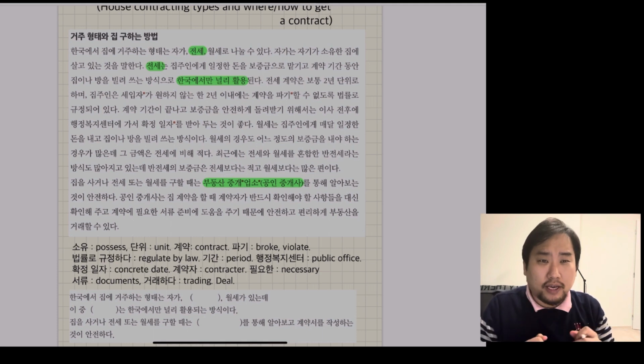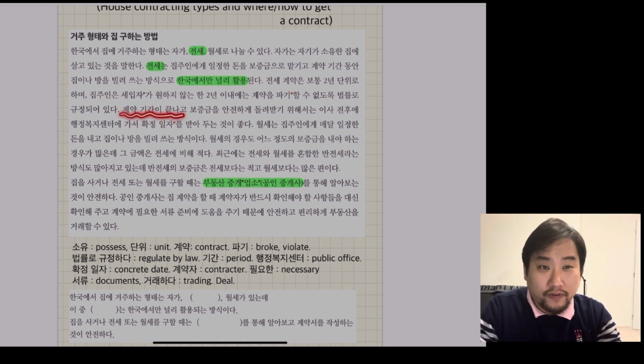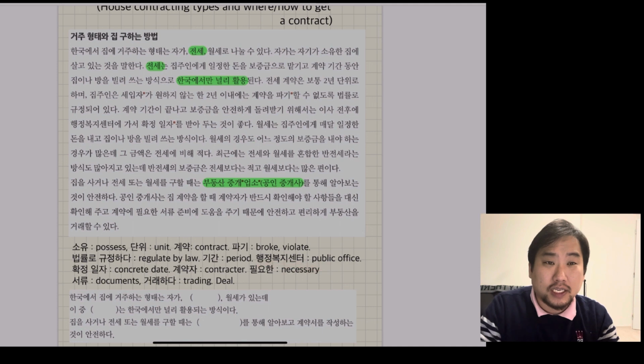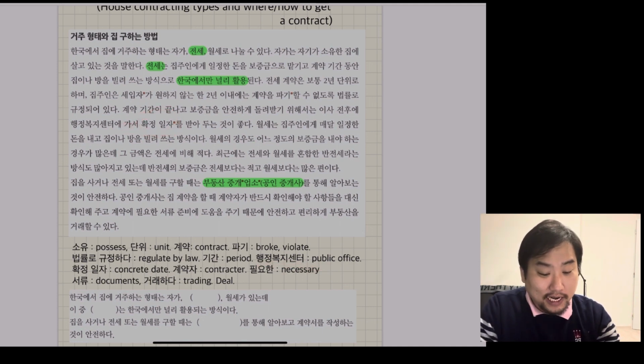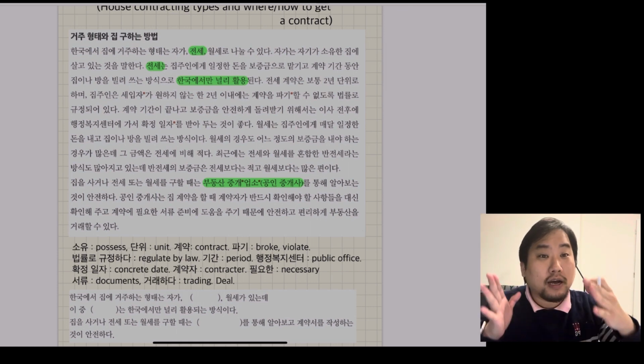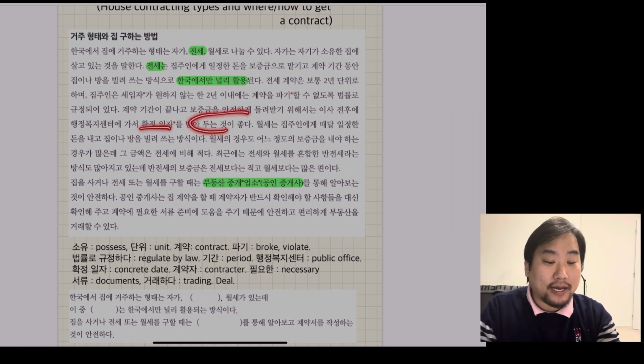It is illegal. 계약 기간이 끝나고, after finishing the period of the 전세, 보증금을 안전하게 돌려받기 위해서는 deposit safely paid back, 이사 전후에, before moving to one's house or soon after, 행정복지센터, a public office에 가서 확정일자, a concrete date of when you enter the house, 확정일자를 받아두는 것이 좋다.